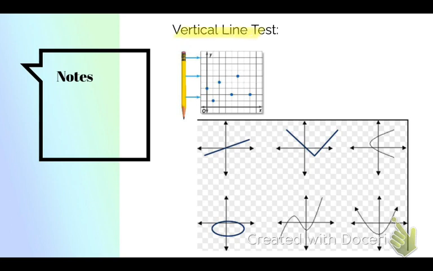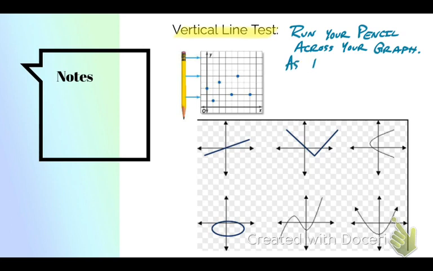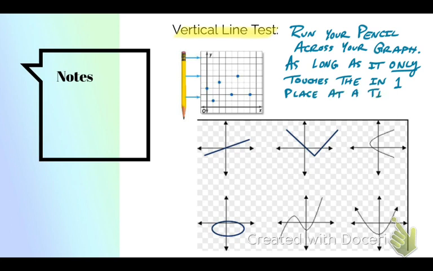The vertical line test just tells us to run your pencil across your graph, and as long as it only touches the graph at one place at a time, the graph is a function.